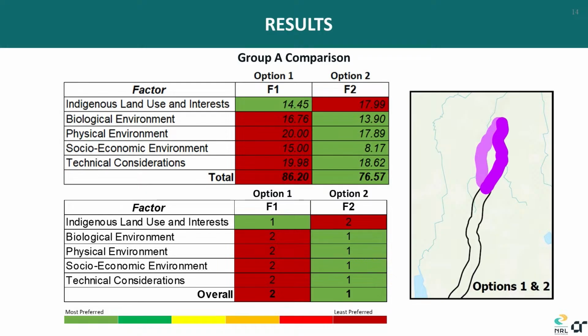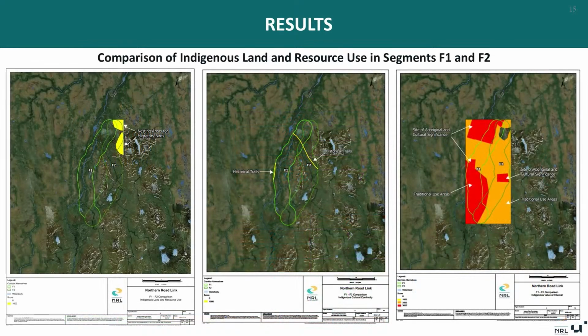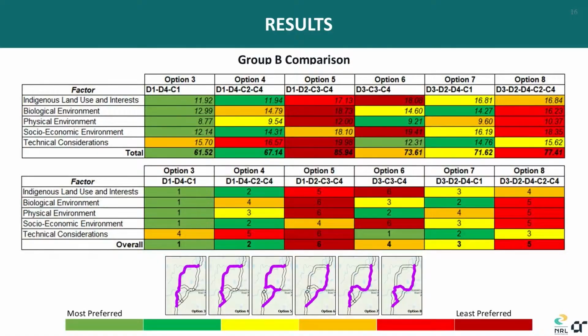And then if we move to the next slide, we take indigenous land and resource use as an example for segments F1 and F2, and we look at those in more detail to provide some insight there. Then on the next slide, we have a larger table which looks at options 3 through 8, the Group B options, and it identifies the score for each factor.